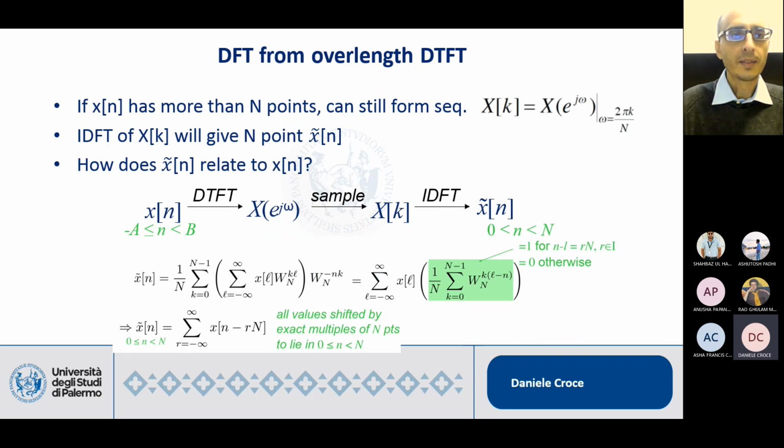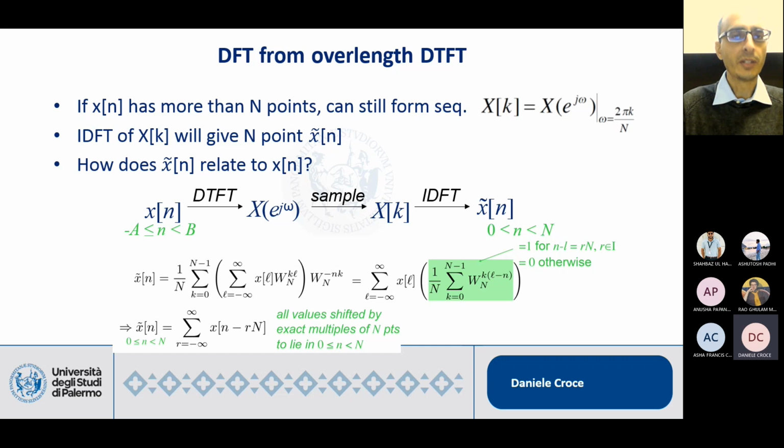So what happens if the sequence x of n has more than capital N points? Okay, this is a question that we ask ourselves. Of course, you can still sample the DTFT, so you can always construct the sequence X of k using the samples at 2 pi k over capital N. And we obtain a sequence X of k that is of capital N points, because we have only used capital N points.